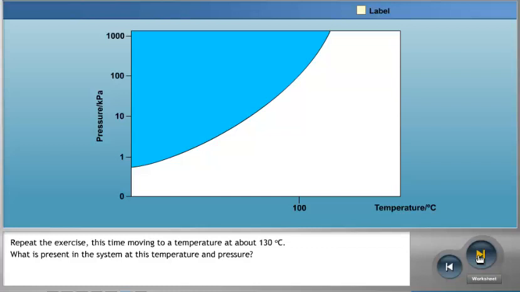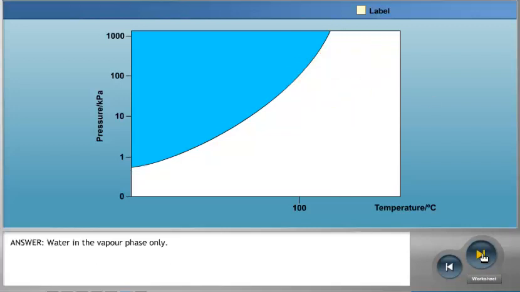Repeat the exercise, this time moving to a temperature at about 130 degrees Celsius. What is present in the system at this temperature and pressure? Answer: water in the vapor phase only.